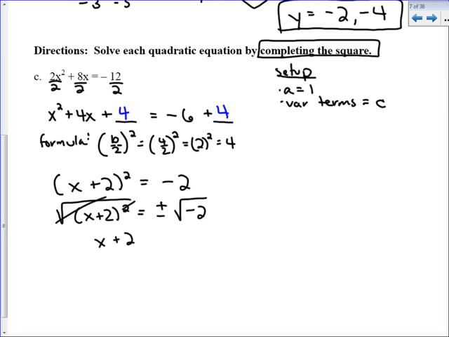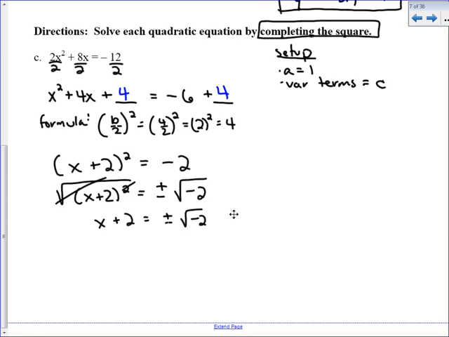So I have x plus 2 equals plus or minus the square root of negative 2. You can either simplify the square root now or you can simplify it at the end. If it's not perfect, I usually do it last. It does not matter. I'm going to finish solving for x by bringing this plus 2 over as minus 2 in front of my plus or minus. Because if you get this far, you'll get most of the credit. You've solved for x. You've just got to simplify for full credit.